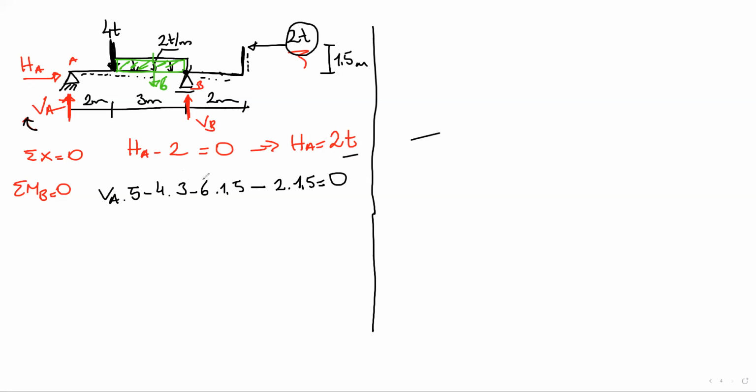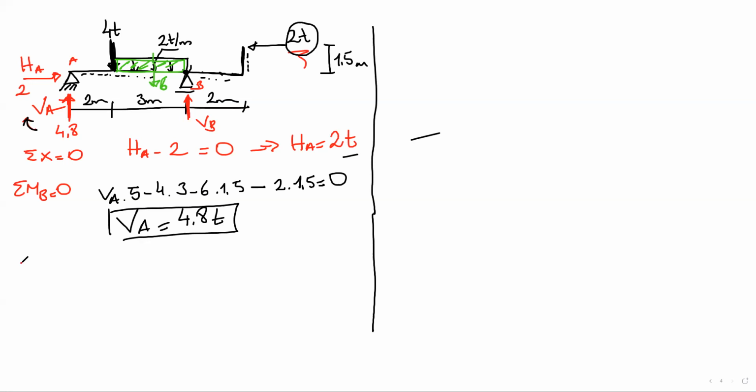Yes, vertical A here is 4.8. HA is 2. Vertical A is 4.8.